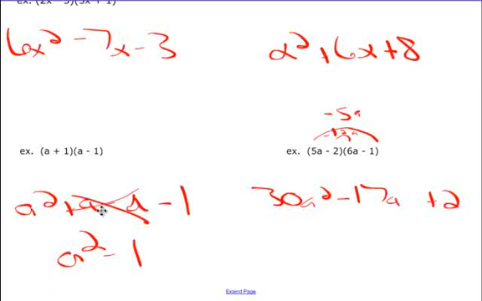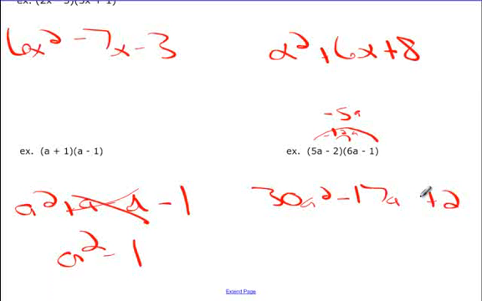Notice I'll have positive a and negative a, so they will cancel each other out by subtraction. And in the second one, we have negative 5a and negative 12a, so that gives us our negative 17a. So typically what happens is our first and our last we do very well with. Sometimes the middle part we get a little mixed up with, so just be careful with those signs as you go.